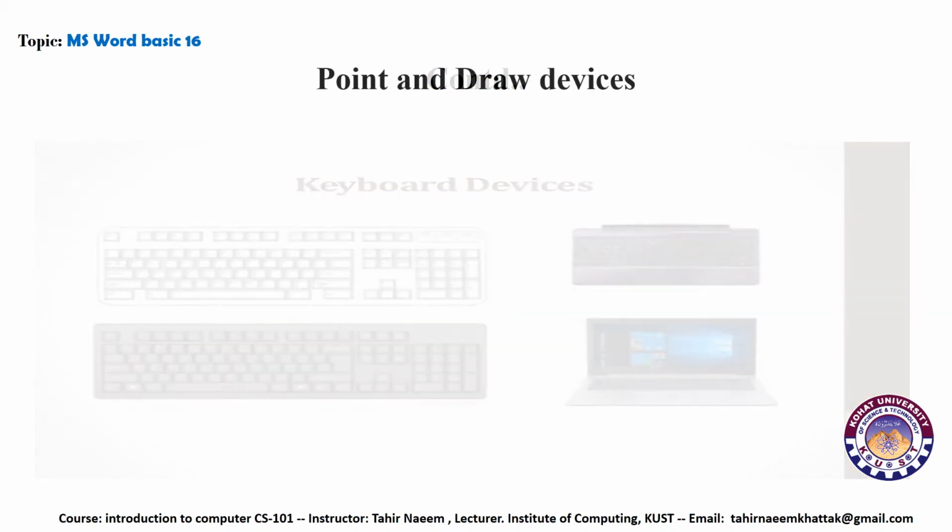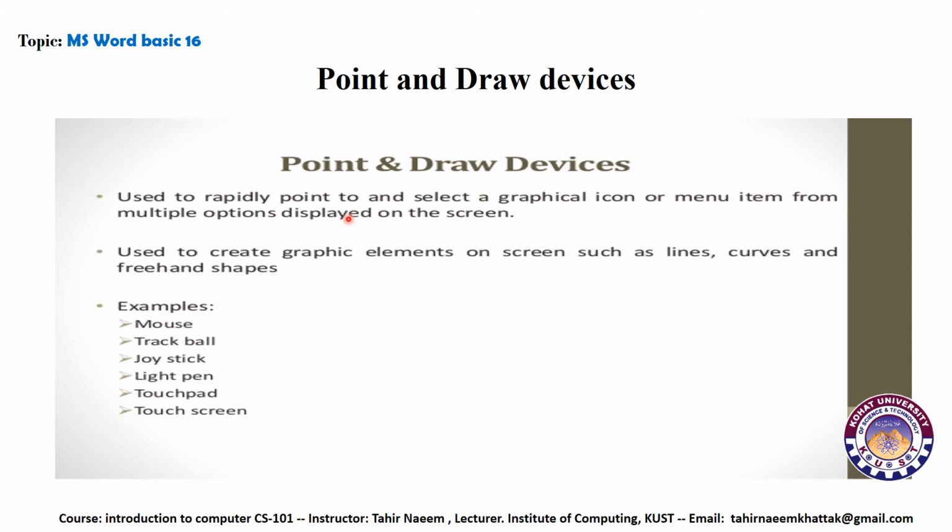Point and draw devices. Point devices are usually used to point and take input with the help of points, while draw devices take input by drawing. They are used to rapidly point to and select a graphical icon or menu item from multiple options displayed on the screen.